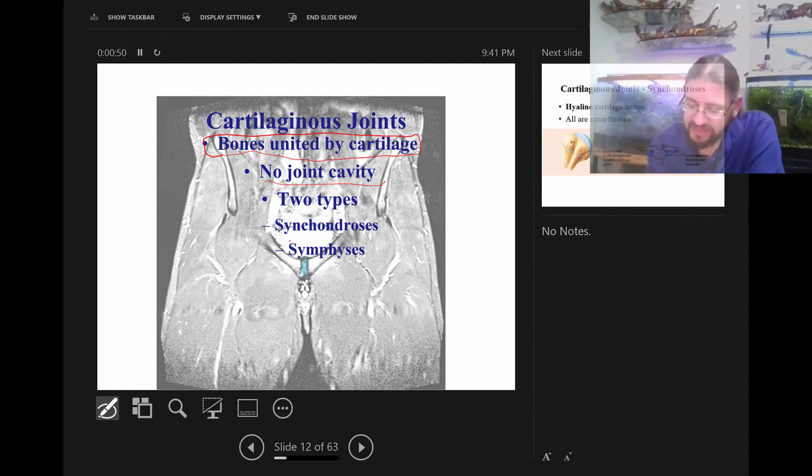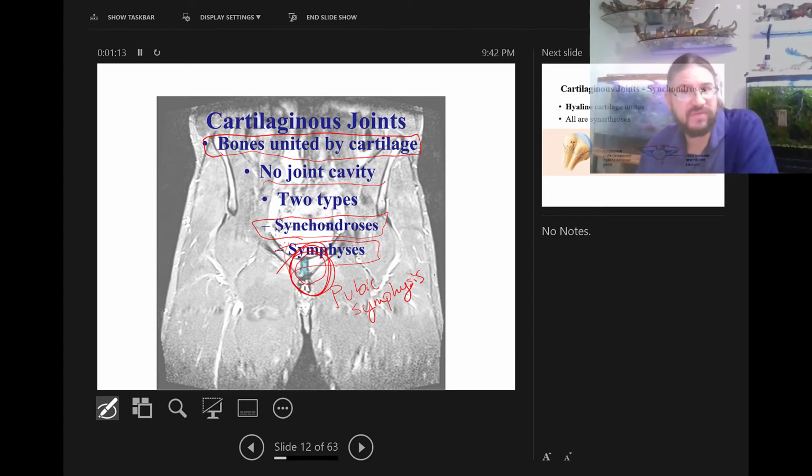We have the synchondroses and the symphyses. So you'll never guess what this falsely colored light blue joint is right there. That's right, the pubic symphysis. So that is an example of one of the symphyses.